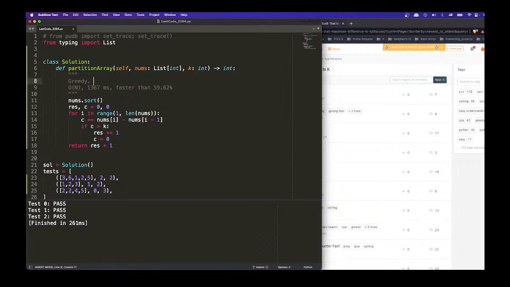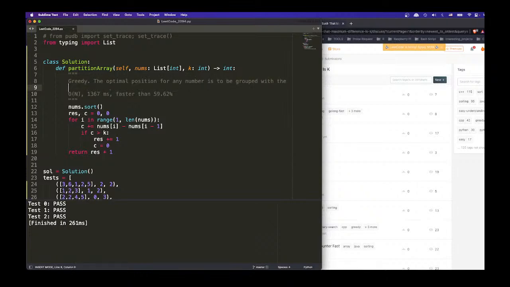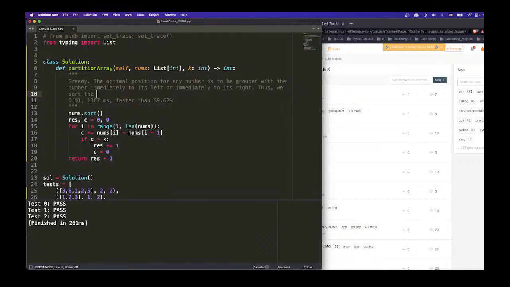So the optimal position for any number is to be grouped with the number immediately to its left or immediately to its right. Thus, sort the original numbers and then slide a window over it, basically.